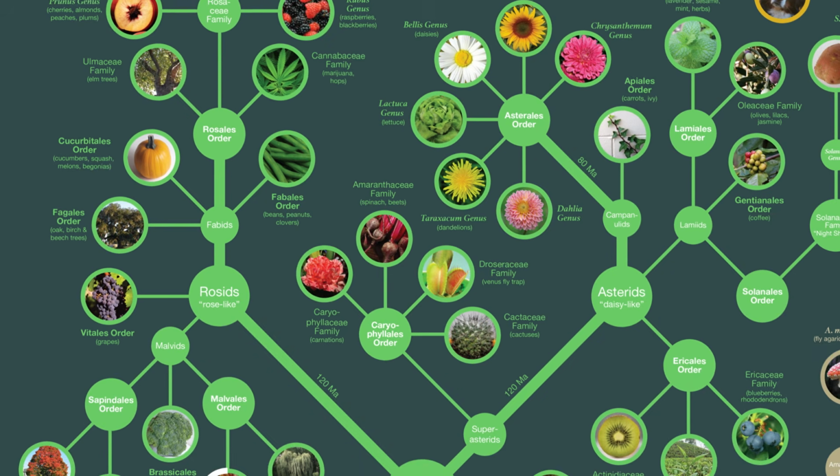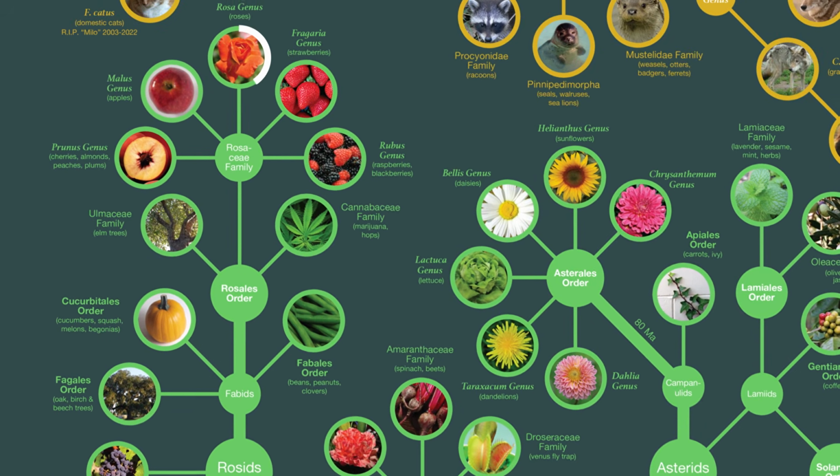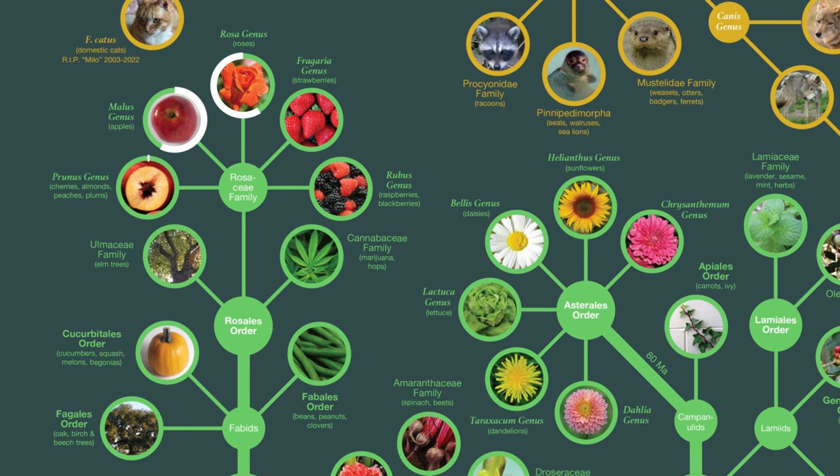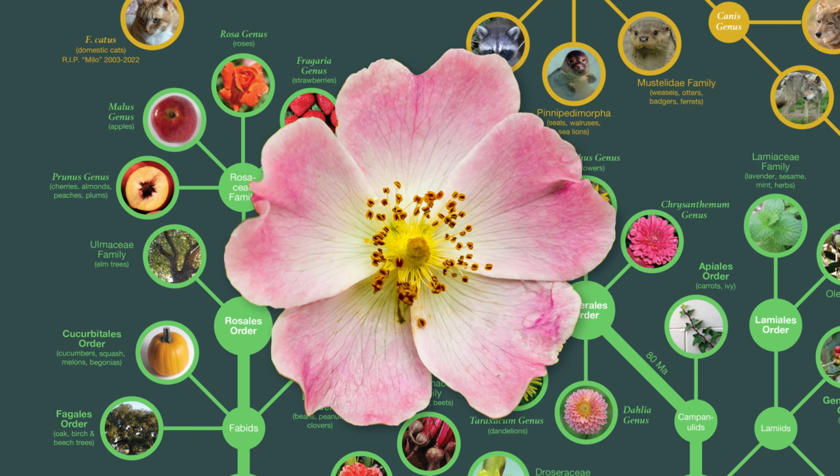And then, very closely related to the rose flower itself are apples, as well as peaches, plums, and all the various red berries. Now, I should point out that when it comes to roses, the ones you're likely familiar with don't actually occur in nature. A wild rose, like most eudicots, only has 5 petals.